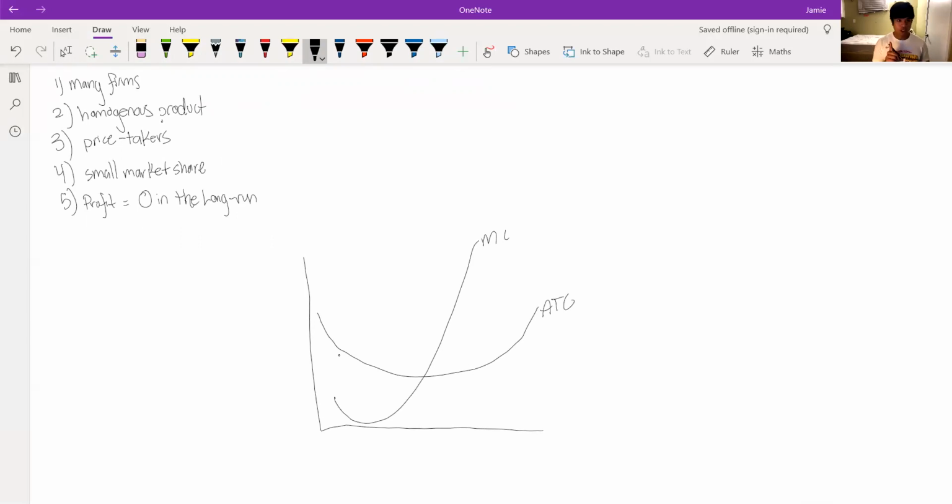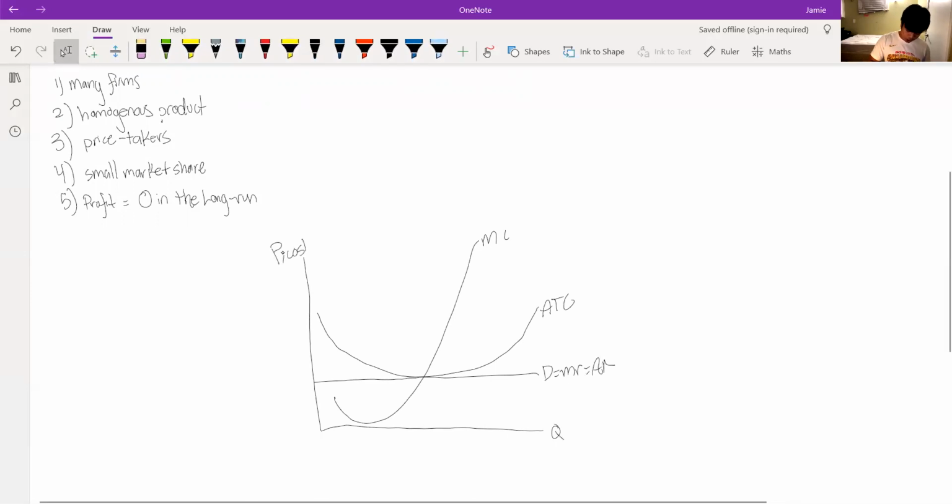They are price takers, so their demand is perfectly elastic, and that is shown by a horizontal demand curve. So let's say the price is here. This is their demand, which happens to be the marginal revenue and their average revenue curve. Prices on the Y, quantity on the X. You could also say this is cost, for average total cost and whatnot.